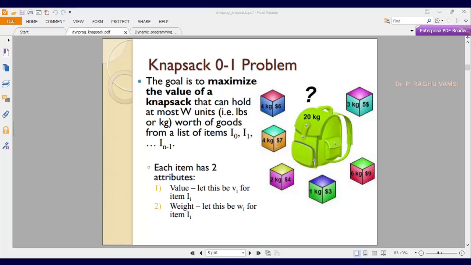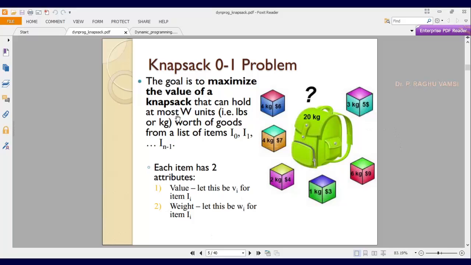So that is the reason we cannot solve this 0-1 knapsack problem using the greedy approach. The greedy approach does not ensure an optimal solution. Usually the optimal solution can be achieved only via the principle of optimality, by comparing each step with the previous step. So we are going to use dynamic programming to solve this problem.